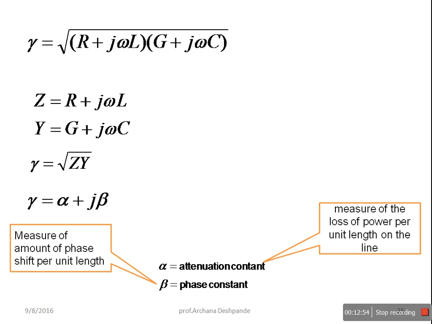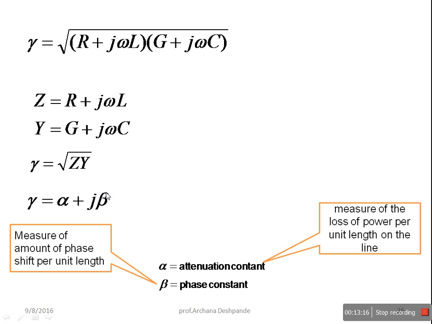This alpha is called the attenuation constant, and it is a measure of the amount of loss of power per unit length on the line. So as this wave propagates on the transmission line, some of the power is lost, and that is given by this alpha value.